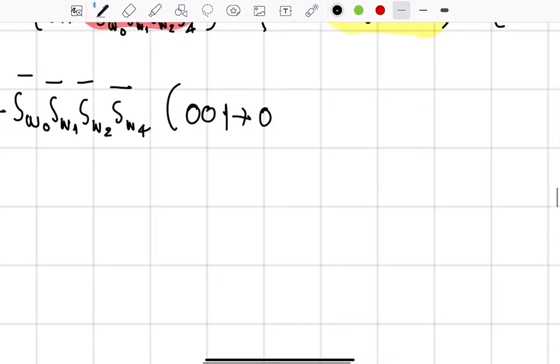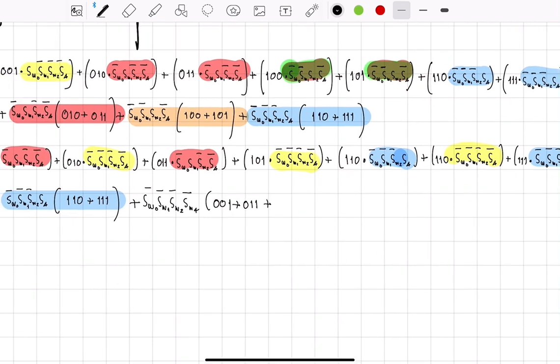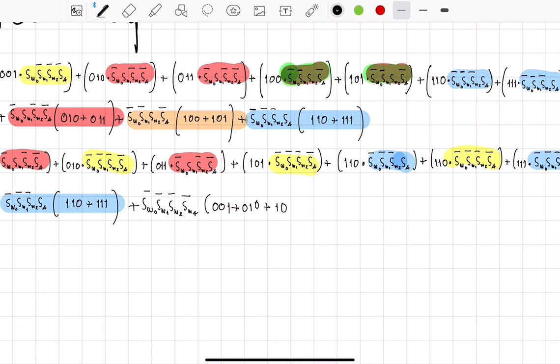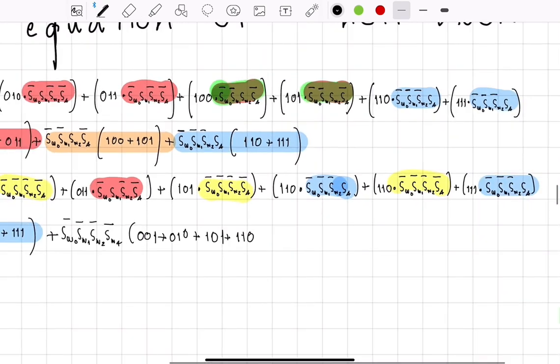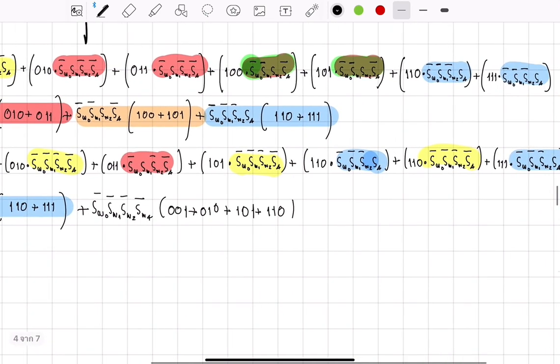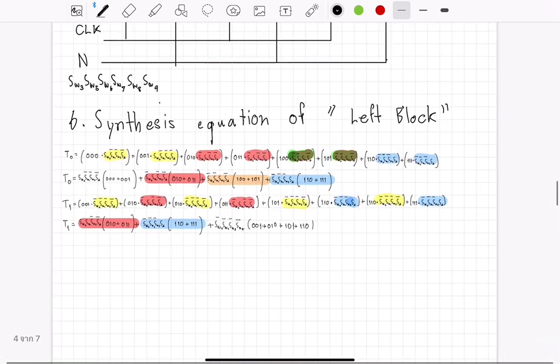Click option 0, 1, 0, put 0, 1, 0 and 1, 0, 0, oh sorry, and 1, 1, 1. That's like 1, 2, 3, 4. 1, 2, 3, 4.